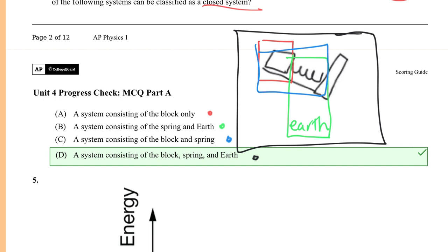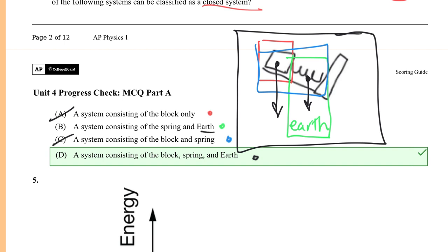Let's see why A, B, and C are not. So one thing that you can always rely on is Earth. Earth provides gravitational force. In the case of the red and blue systems, so the block and the spring, or just the block, both of these systems have an external force of gravity. So because there is gravity acting on these objects, we can just mark out A and C. Letter B, we got spring and earth.